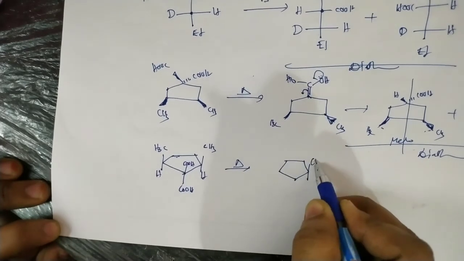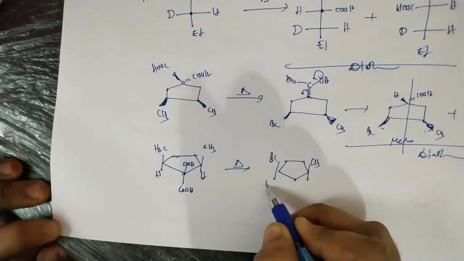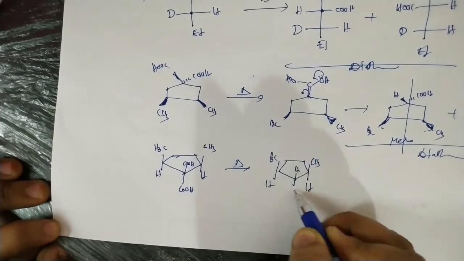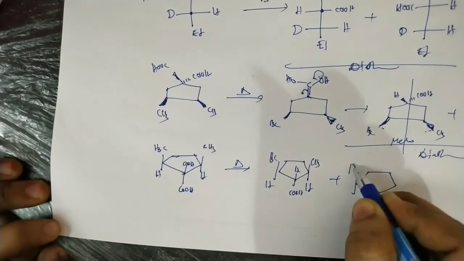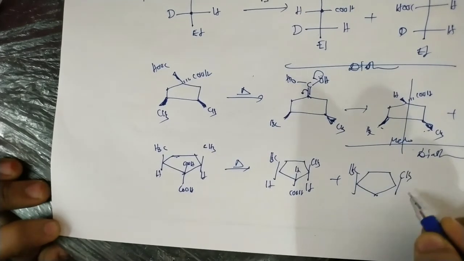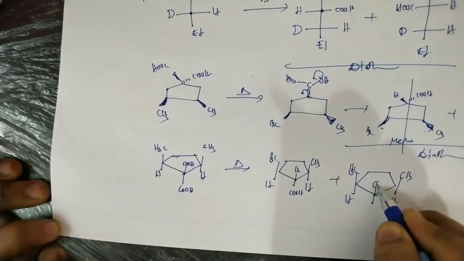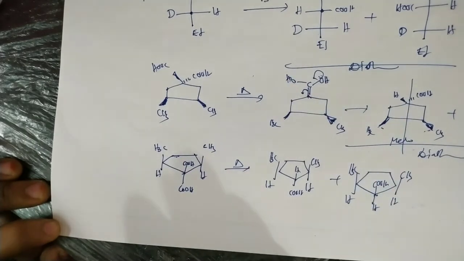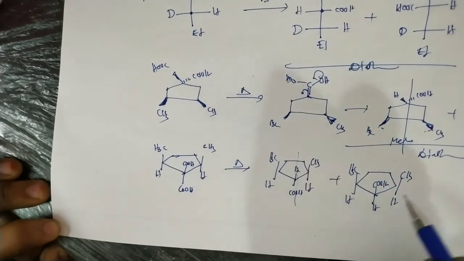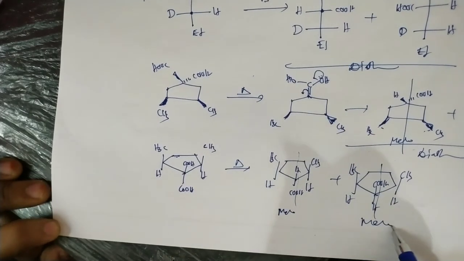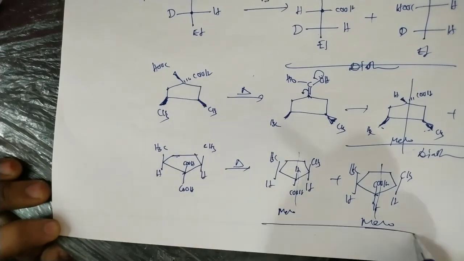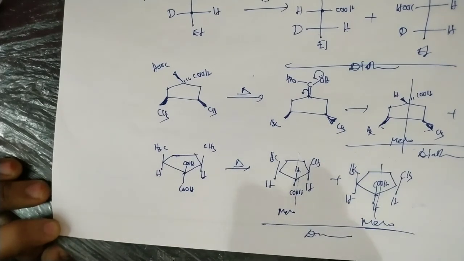So here CH3 and CH3, hydrogen, hydrogen, COOH and hydrogen, or this is CH3 and CH3, hydrogen, hydrogen, this is COOH and hydrogen. Here there is a plane of symmetry, here there is a plane of symmetry. So it is a meso compound and it is also a meso compound. The relation between these two is diastereomers. So this is the possibility of the formation of products in a decarboxylation reaction.